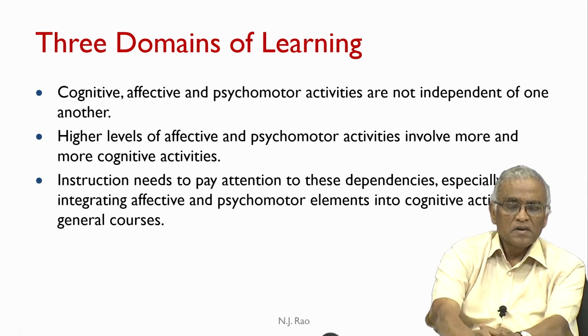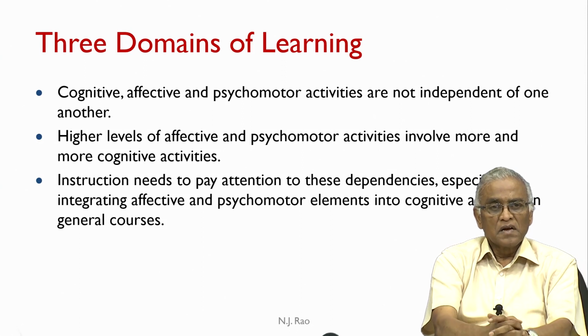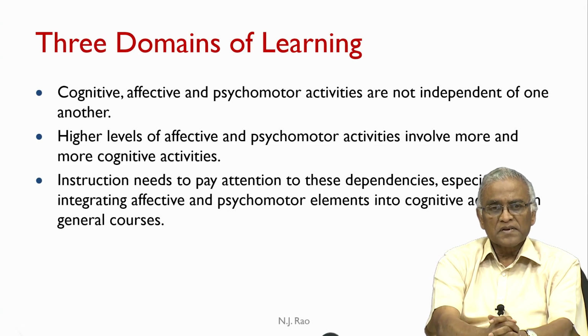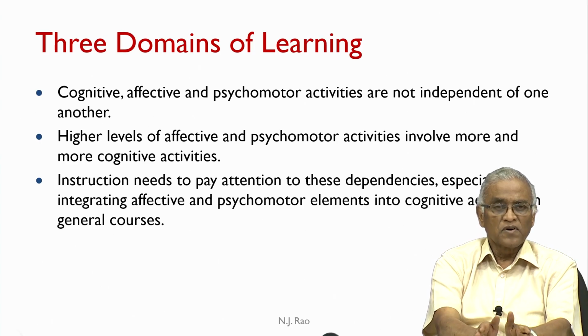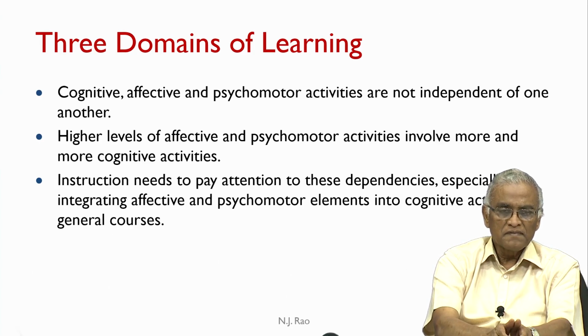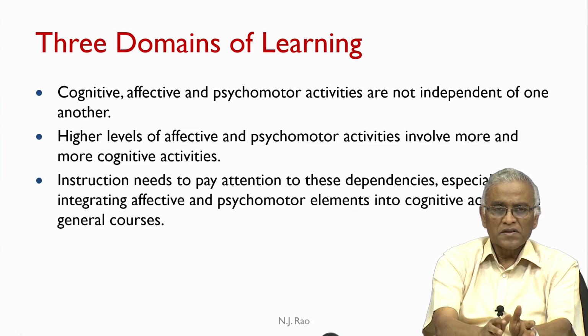Now, having looked at the three domains, let us look at all three domains together. Cognitive, affective and psychomotor activities are not truly independent of one another. Whatever activity you do, it could be dominantly cognitive, but the other two elements are present to varying degrees.